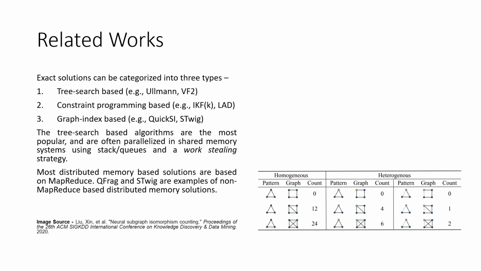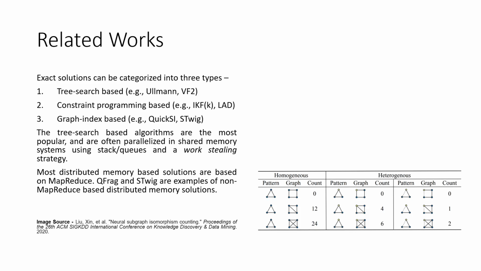When they parallelize this state space search, tree search based solution, they usually use a stack or a queue and a work stealing mechanism to handle the parallelization. This kind of parallelization essentially comes under shared memory parallelization, but there are also distributed memory based solutions.